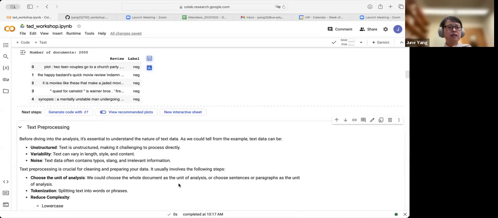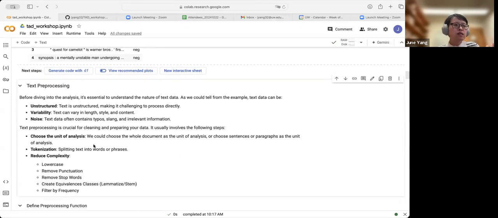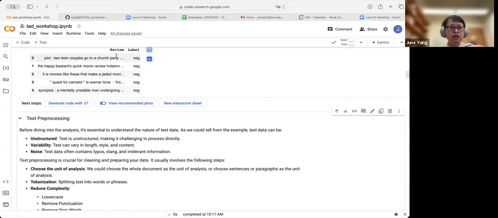As we just said, this text data is really unstructured, really noisy. So we need to clean it and pre-process it before we convert all the text data into a numerical representation. We need to consider what the unit of analysis of our text data is. A common way is to treat each document as a unit of analysis, as what we have here.